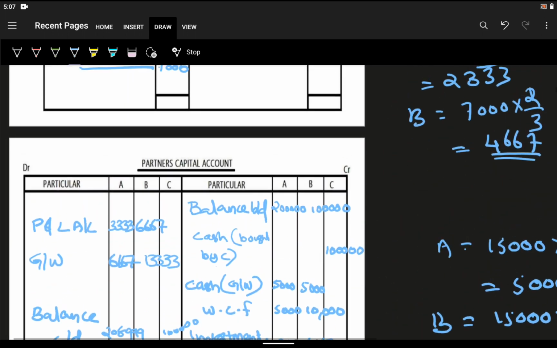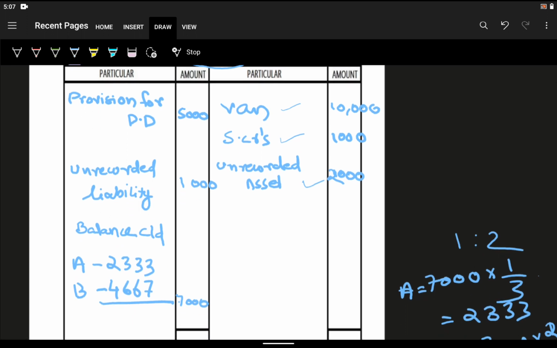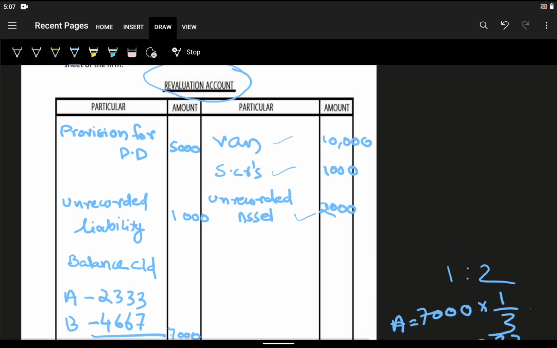Now we'll write the journal entry for the debit side. That is provision for doubtful debt, unrecorded liability, and balance carried on also there. So how will we write provision for doubtful debt 5,000? How will we write the journal entry for the debit side? Same method. Whatever is debited will be credited, and we'll write revaluation on the opposite side.